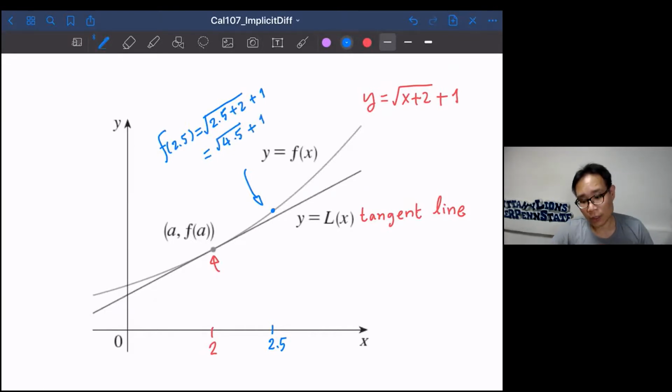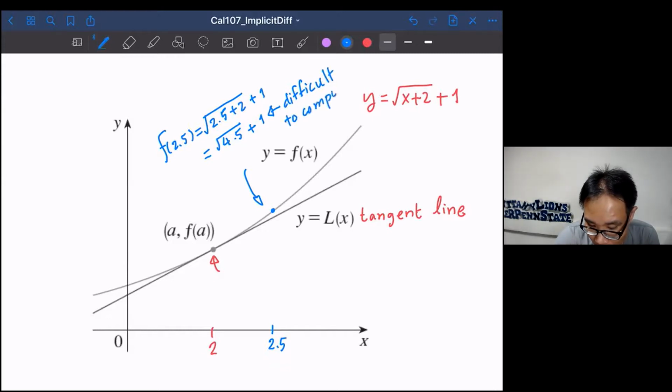And this is difficult to compute. I know it's going to be about 3 point something, so it's kind of difficult to compute.